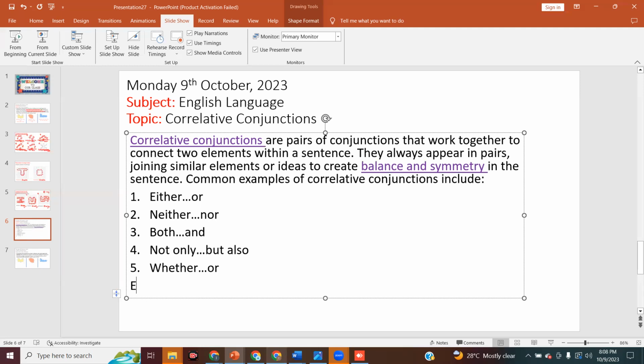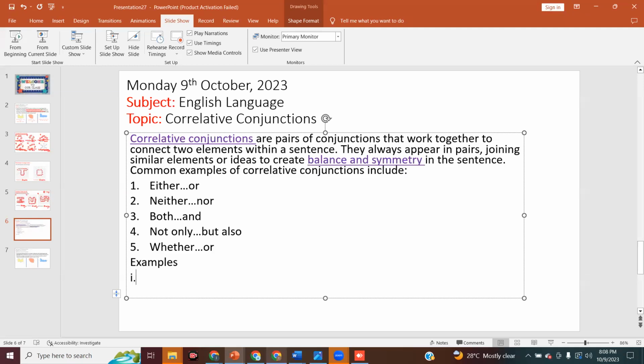So there are several examples to determine their function. Let's say we have this sentence: you can either join us for dinner.